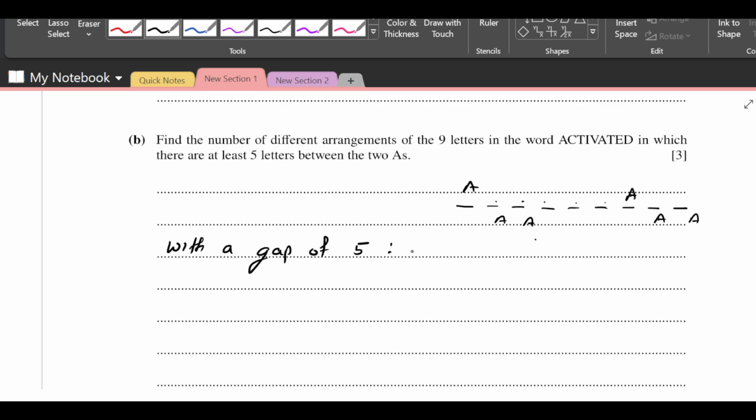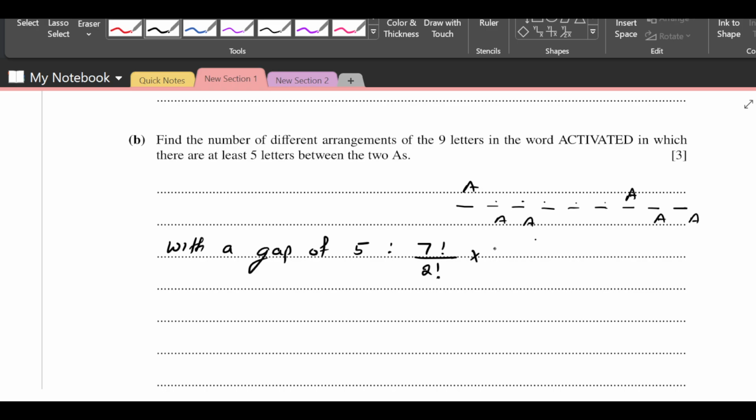So that can be done in 7 factorial. The T is repeating twice, so I can say 7 factorial divided by 2 factorial.